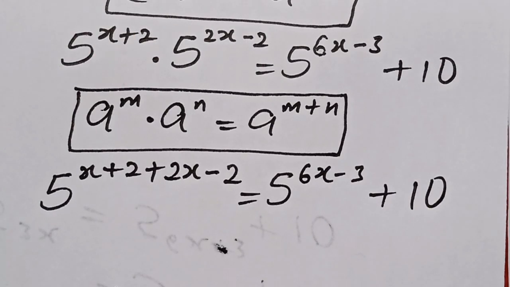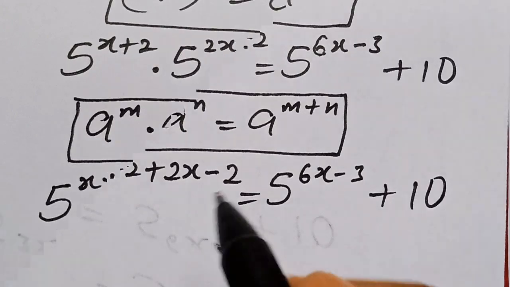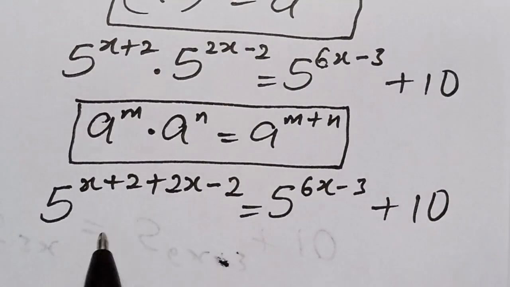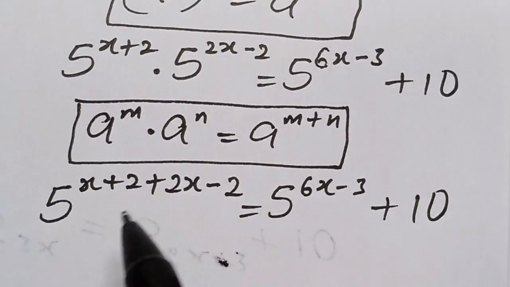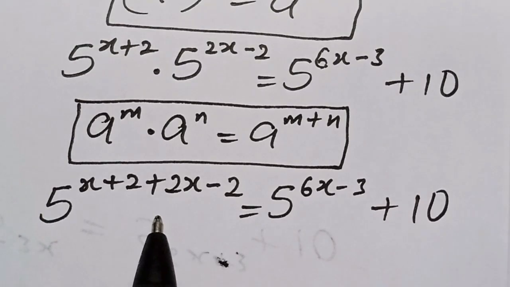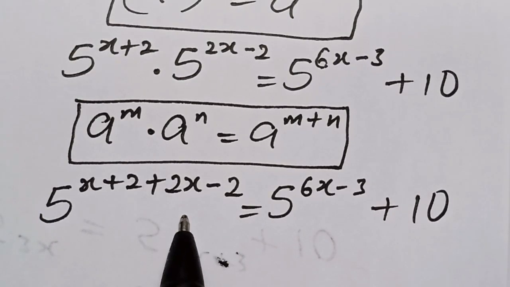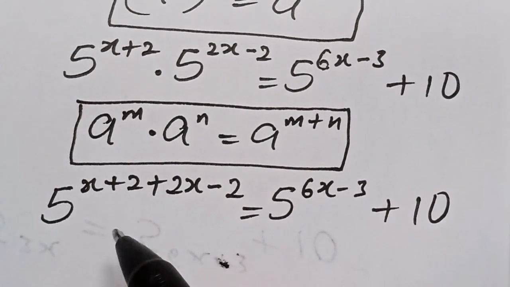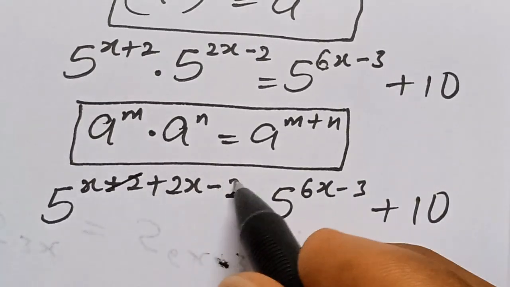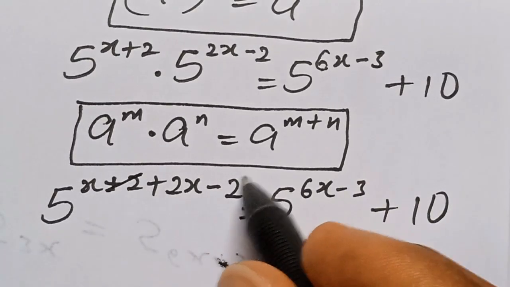So from here, what we need to do next is to simplify the expression at the left hand side. So from the exponent, we have plus 2 subtract 2.